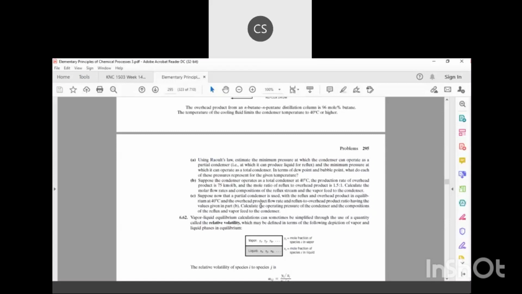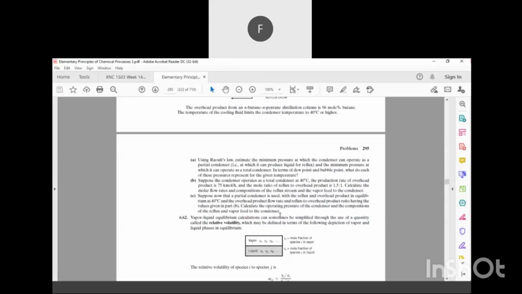It asks you to calculate the operating pressure of the condenser and the compositions of the reflux and vapor feed to the condenser. So do you understand part C? I'm confused a bit. I don't know how to do it.